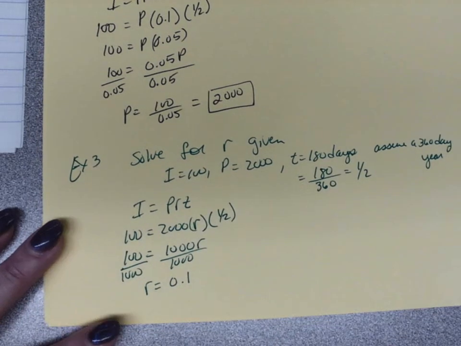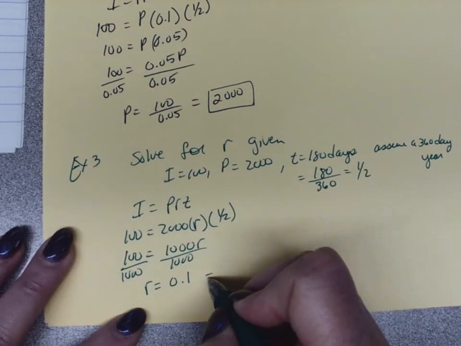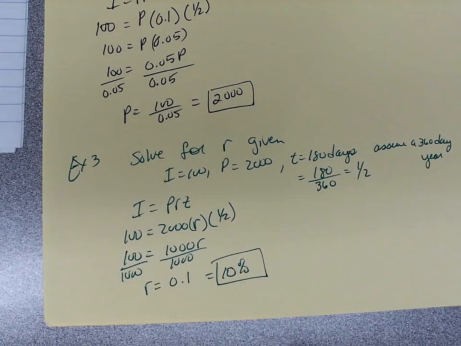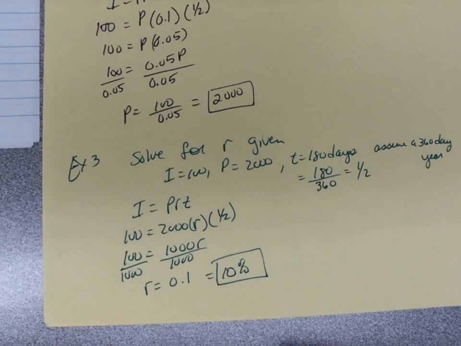And I'm going to write that as a percentage because it is the rate, so it'll be equal to 10%. Because most likely in your homework, they're looking at the percentage rate and not the decimal.